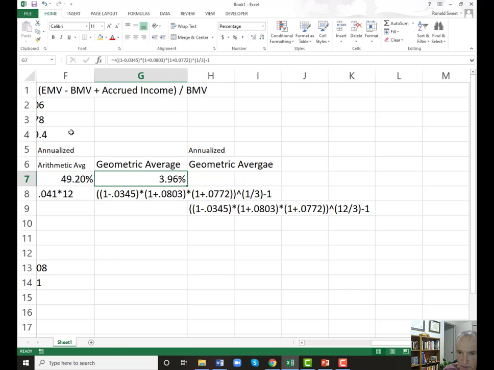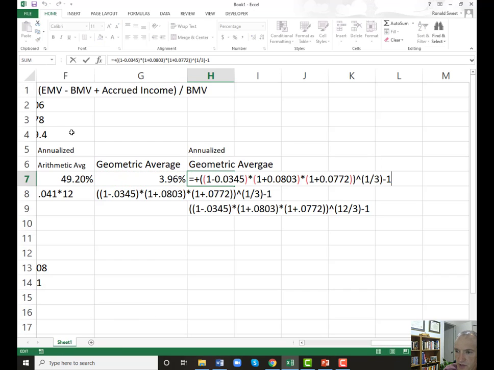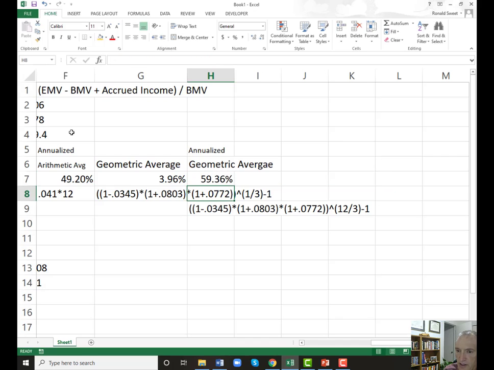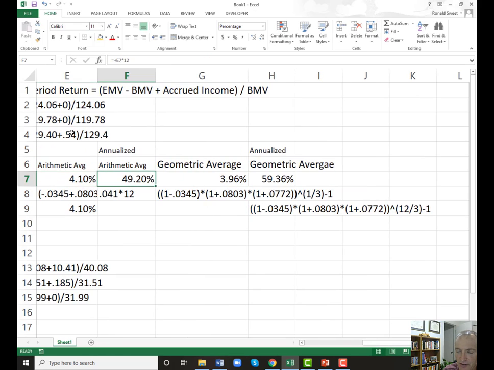We can just copy this over and change this to the 12 over 3. Now you notice the annualized geometric average can be higher, and often is higher, than the arithmetic average. The annualized number can be higher or lower, but for the actual averages, unannualized, the geometric must be lower.